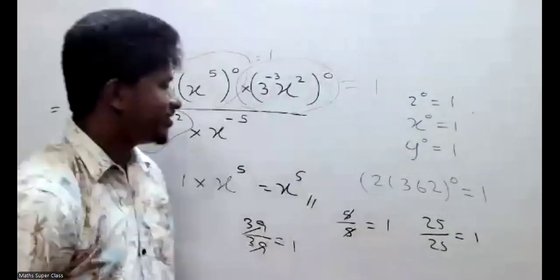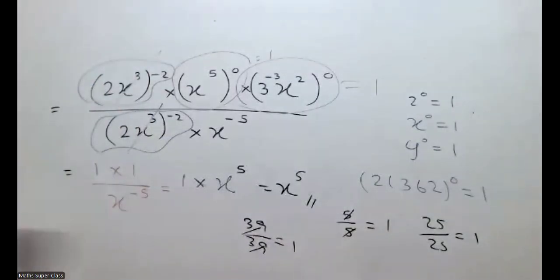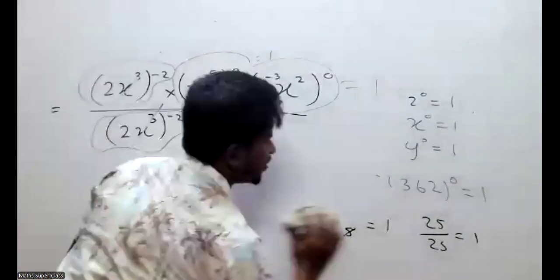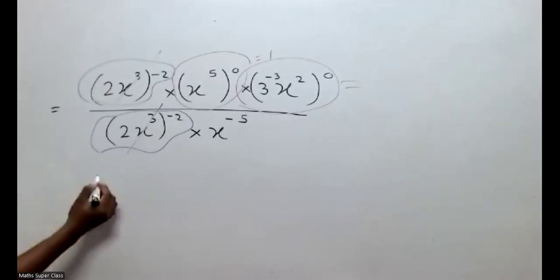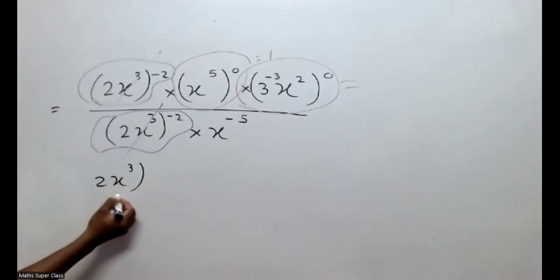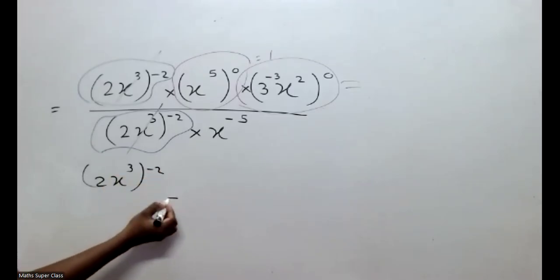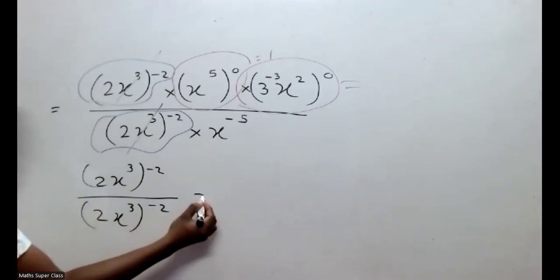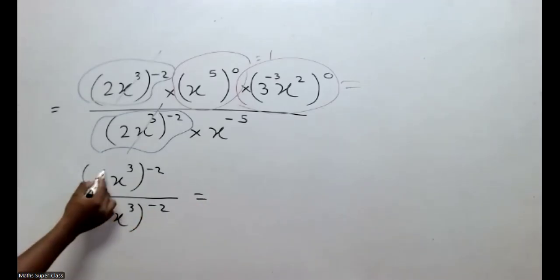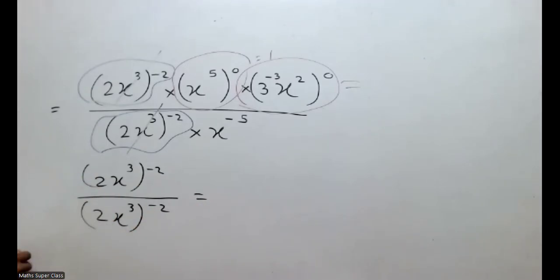Same thing, but there are two ways. Here, I'm going to explain this. 2x to the power 3 minus divided by 2x to the power 3 minus. Now, Dylan, what happened? The power of this 2 is 1.